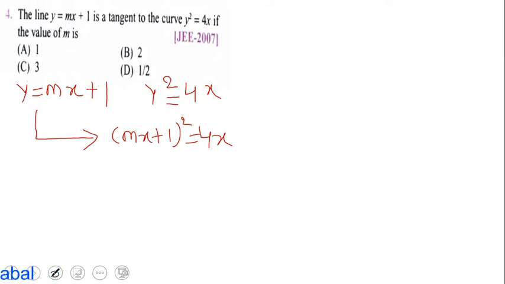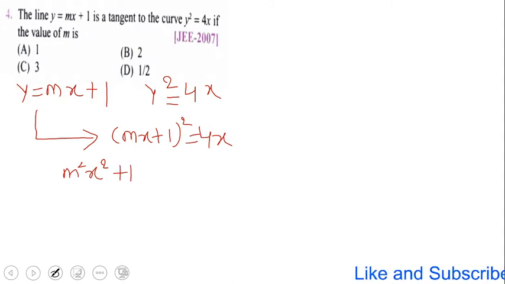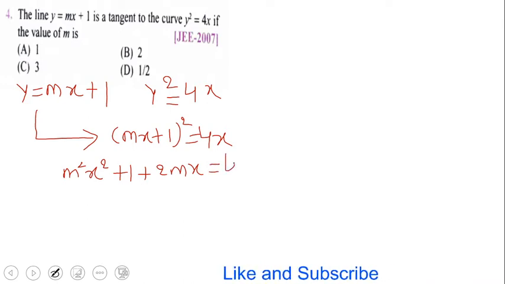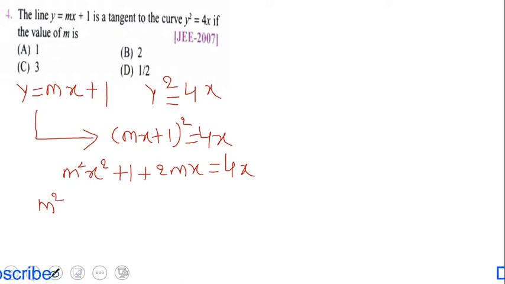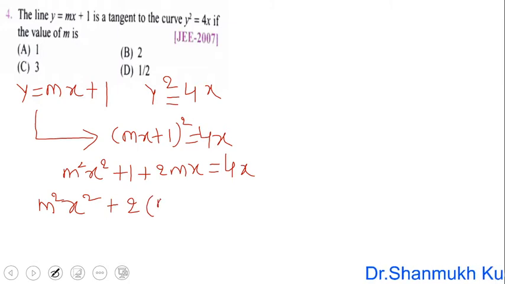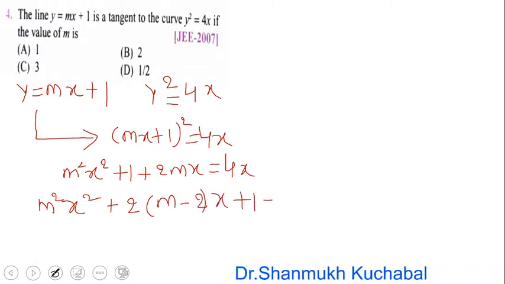Expanding, we get m square x square plus 1 plus 2mx equals 4x, and we take this 4x to the LHS, and simplification gives m square x square plus (2m minus 2)x plus 1 equals 0.